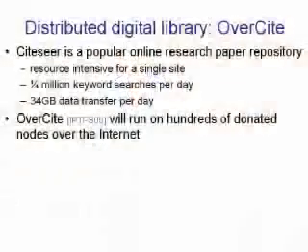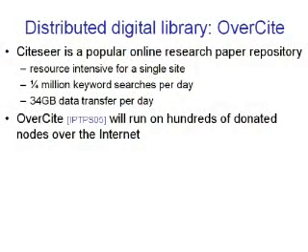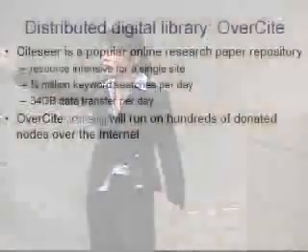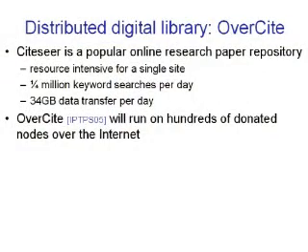You probably know the performance is pretty bad these days, because it serves 250,000 keyword searches per day, and the system is overloaded all the time. I'm sure if the system capacity were bigger, you'd see more keyword searches and more data transfers. It currently transfers 34 gigabytes of data every day.